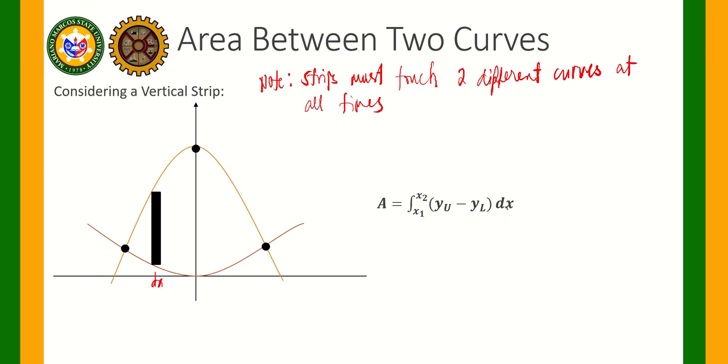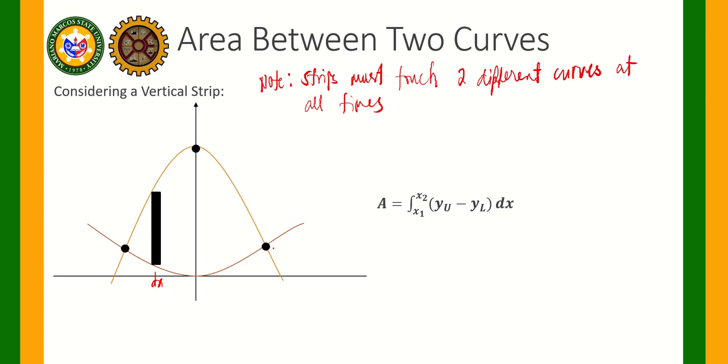Now, for our limits, since we are integrating the function with respect to x, yung limits natin kukunin natin sa x-axis or the points on the x-axis. Doon sa intersection, kukunin natin sa intersection ng dalawang curves yung point.